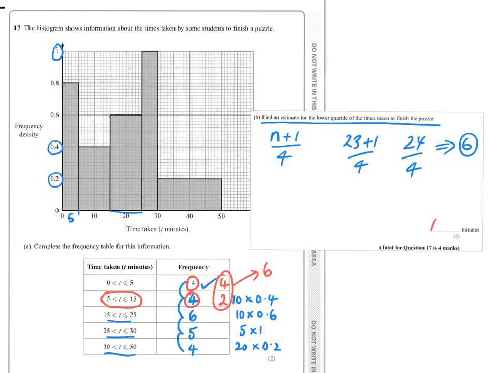So 10 minutes would be perfectly acceptable. You could have just done 23 over 4 and got 5.75, and then you could have done a similar calculation and ended up with, I think it's 9.375, but I personally would use this one here. So do check that one out, okay, before you just take it on board.